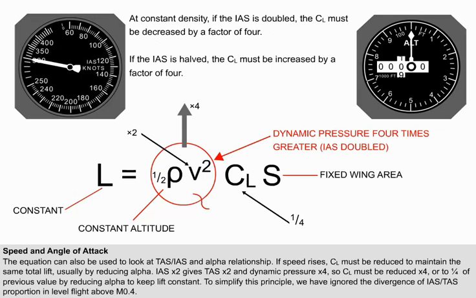To make this principle easy to understand, we can say that TAS will change in proportion to IAS at a constant altitude. This is, however, not true of speeds above Mach 0.4.